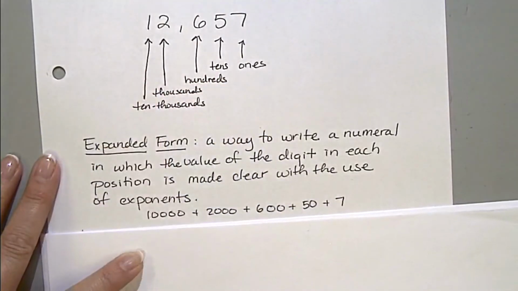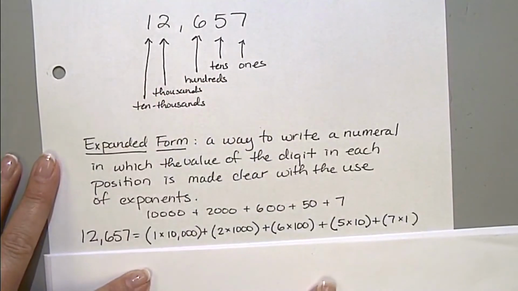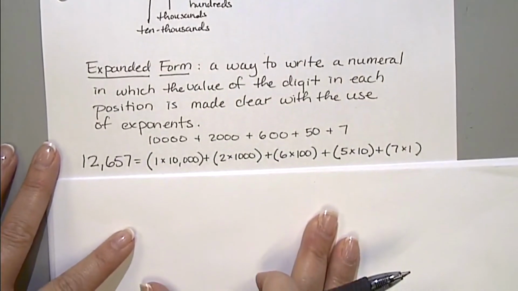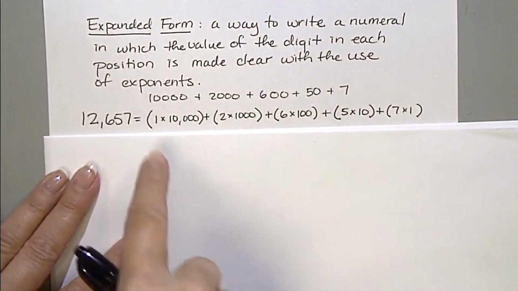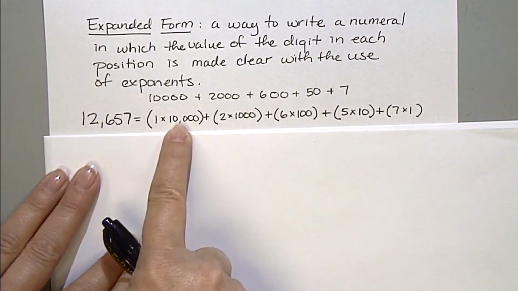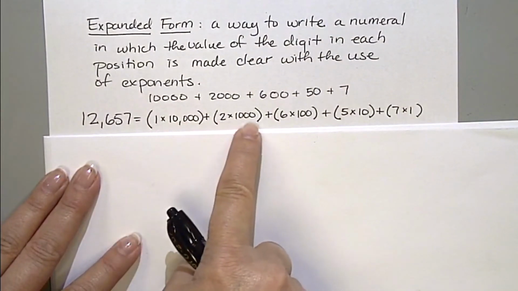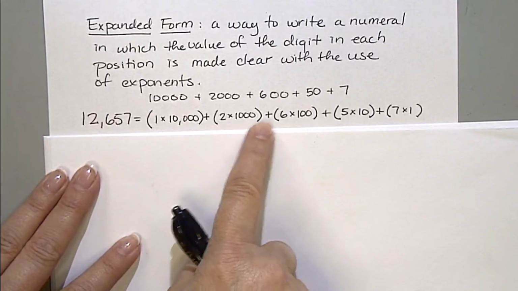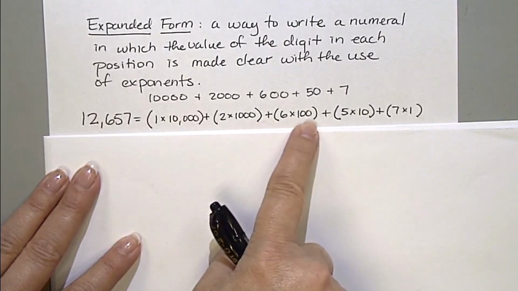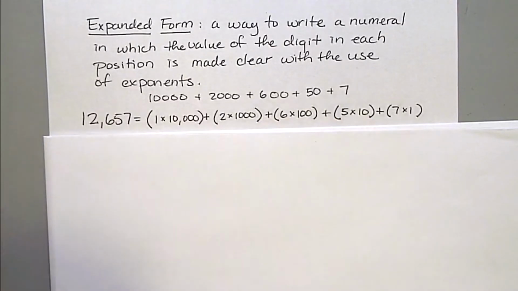So I can multiply it times that place value. So I can also write 12,657 this way. So I have a 1 times its place value, plus 2 times its place value of 1,000, plus 6 times its place value, 5 times its place value, and 7 times its place value.